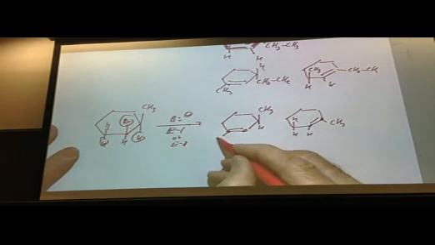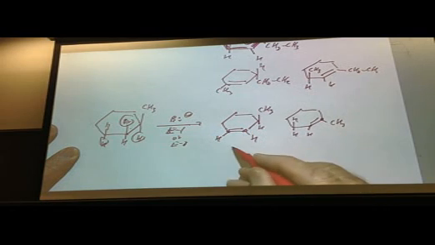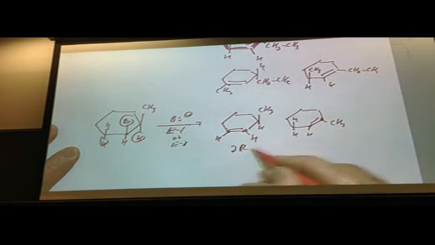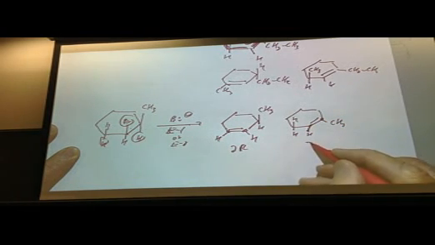And those are two potential products. So this carbon has one hydrogen, this carbon has one hydrogen, and an R group and R group, so there are two R groups here. This carbon has one hydrogen, and this carbon doesn't have any. So there are actually three R groups. You see that?